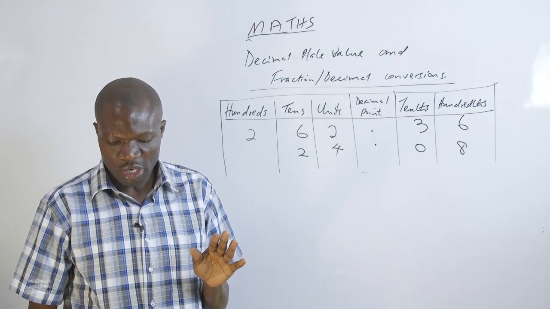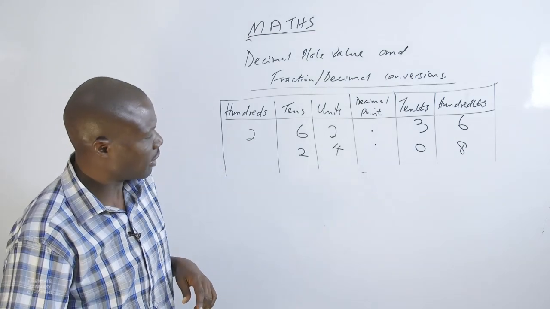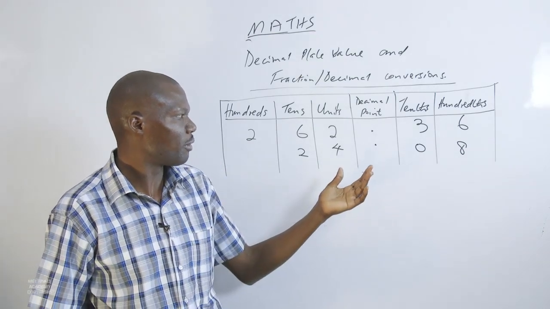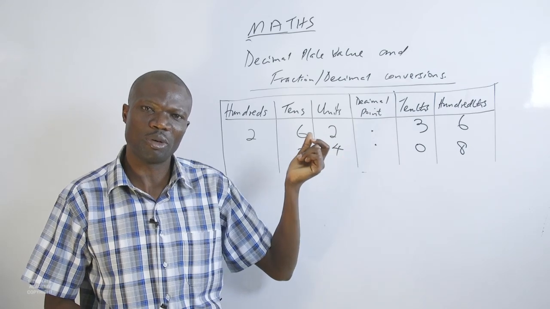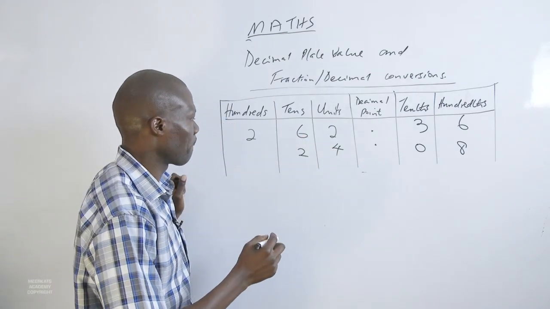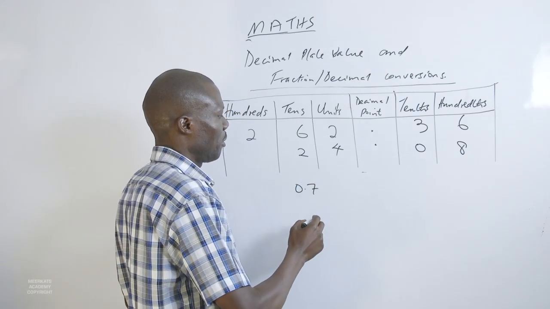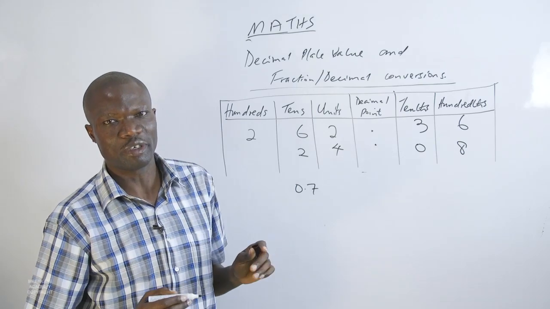One, we should make sure that we count the number of decimal places used. I want to take an example here. This is 0.7.